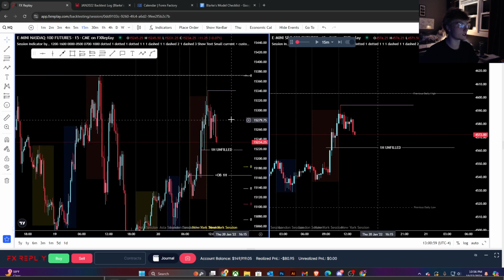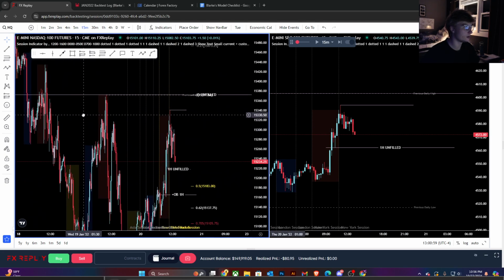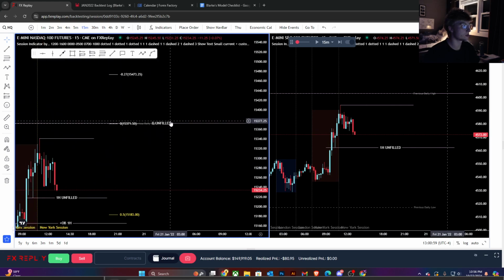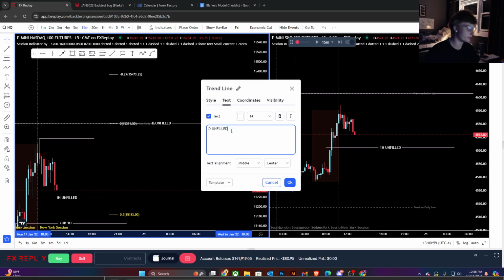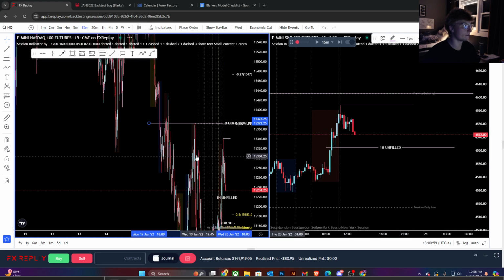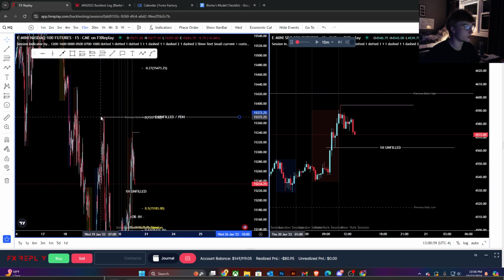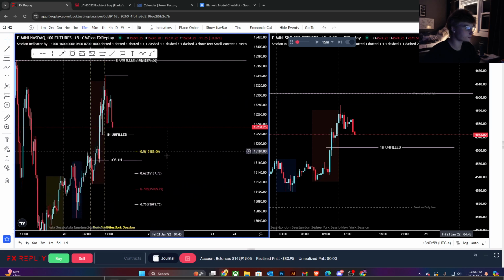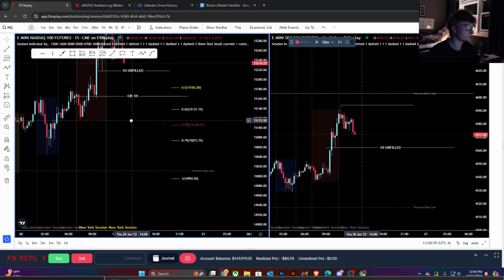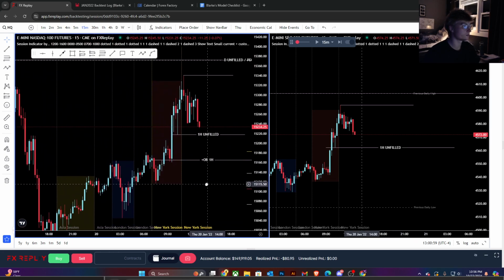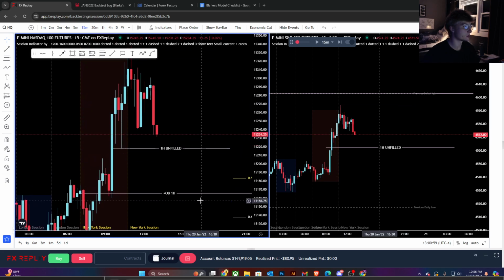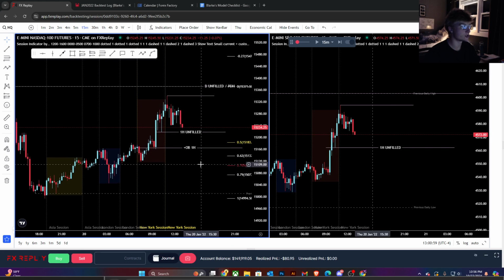Let's pull up our sessions here, determine higher time frame draw. We do have previous day's high right here, which is also this daily unfilled fair value gap. So that is a pretty good draw on liquidity. So that aligns with my bullish bias. But yeah, 15-minute swing here. Let's see if we got Asia low or anything.